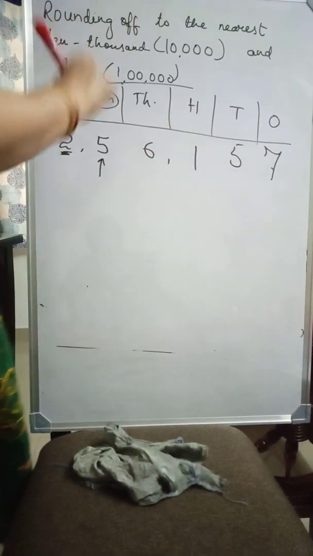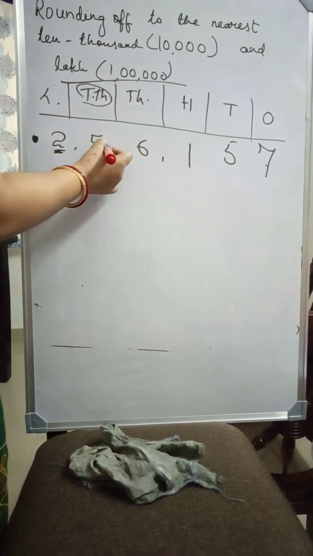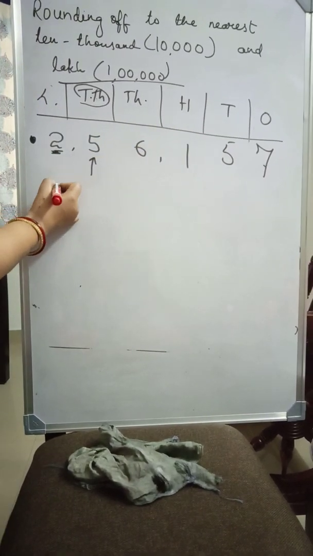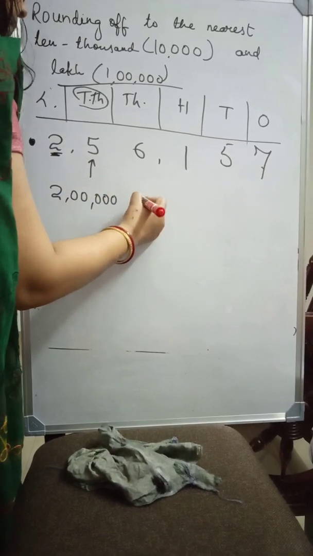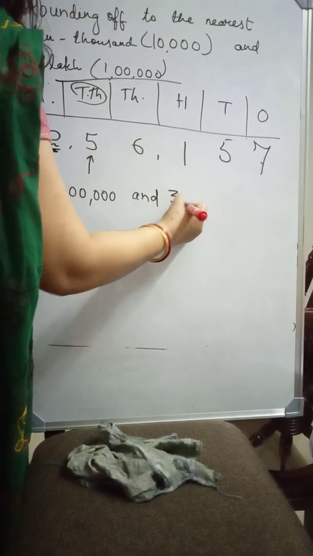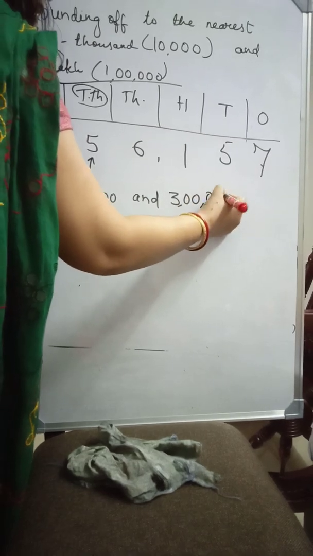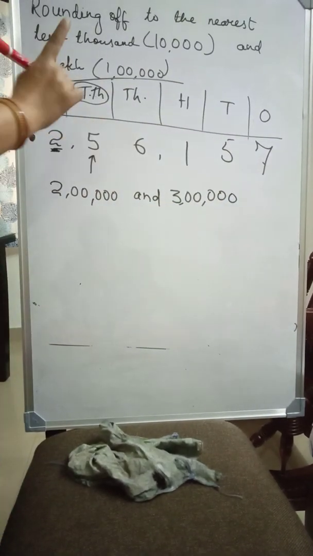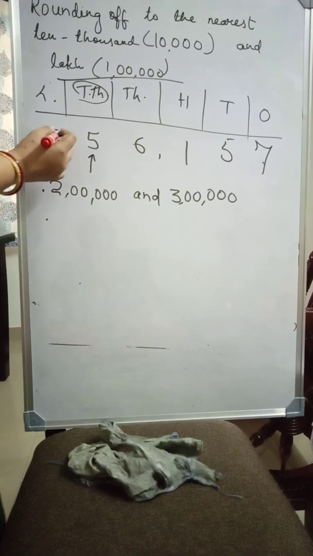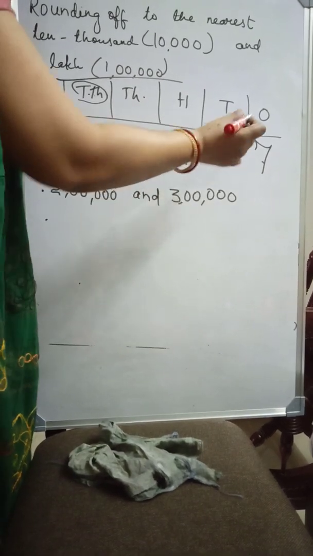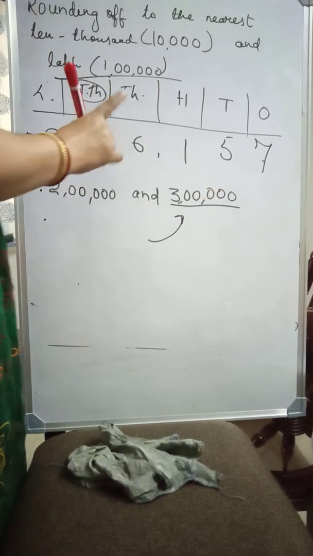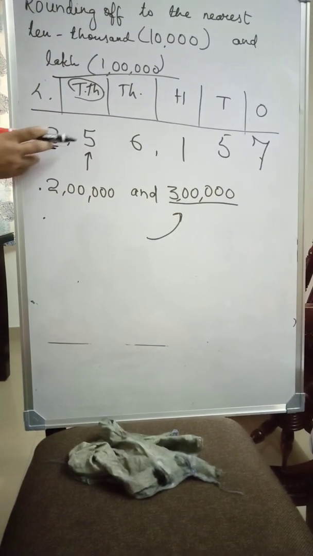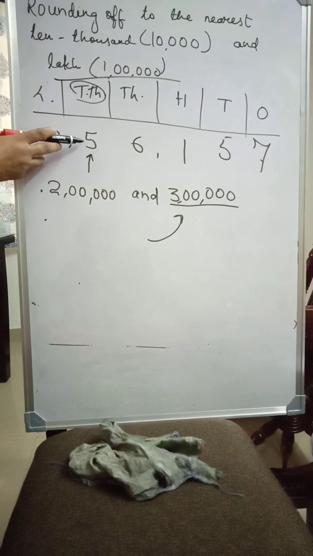2,56,157. First point. Second point, this 2,56,157 is in between 2 lakhs and 3 lakhs. Correct? Yes or no? Yes. Second point, this 2,56,157 is nearer to 3 lakh. And the digit at the 10,000 place is 5.